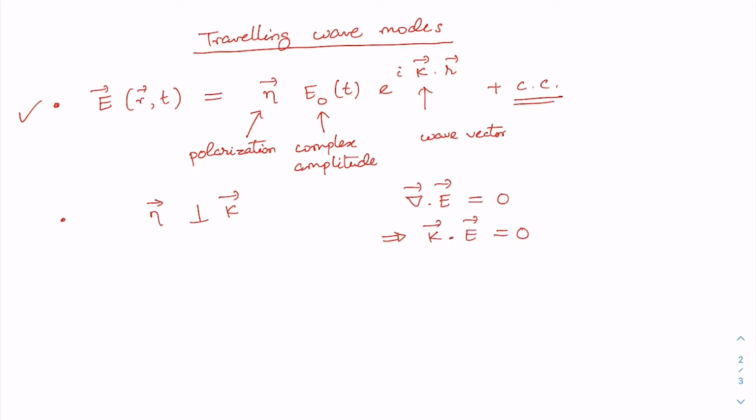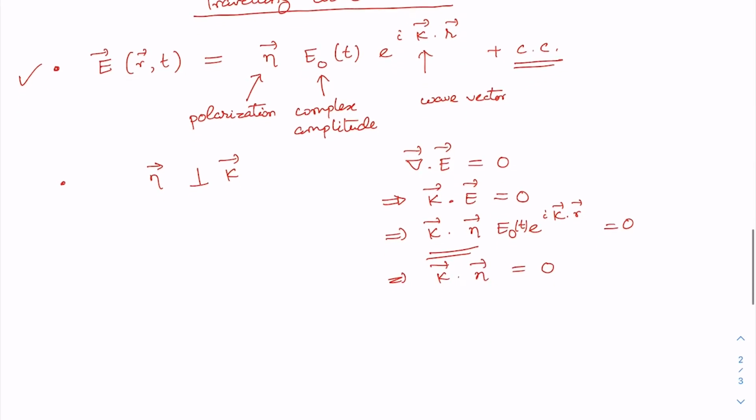So k dot E is equal to 0. Therefore k dot eta E0 e to the power i k dot r is equal to 0. That implies that k dot eta, the polarization direction, is 0. So eta has to be perpendicular to the propagation direction.